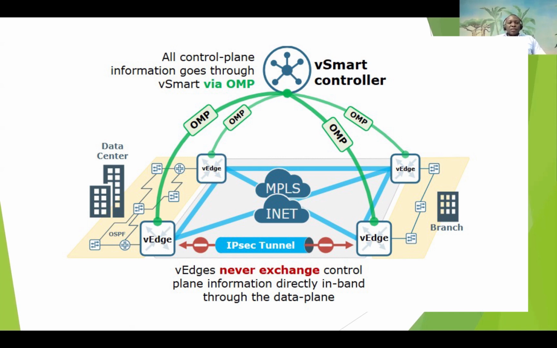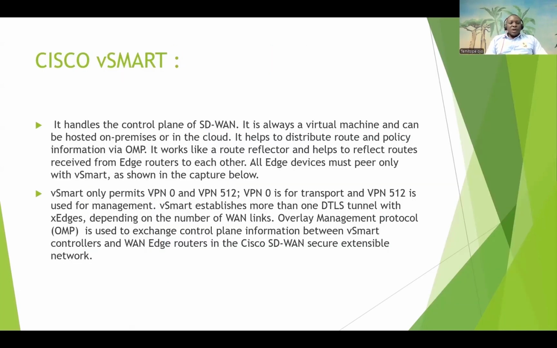So that's how OMP is more like the normal route reflector in our MPLS network, whereby the PE routers peer with the route reflector and send the routes to the route reflector, whereby the route reflector will reflect to your PEs. That's how the OMP works.